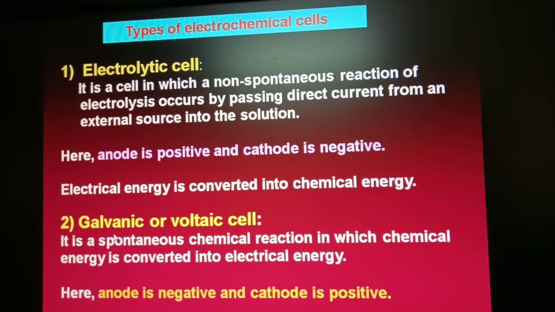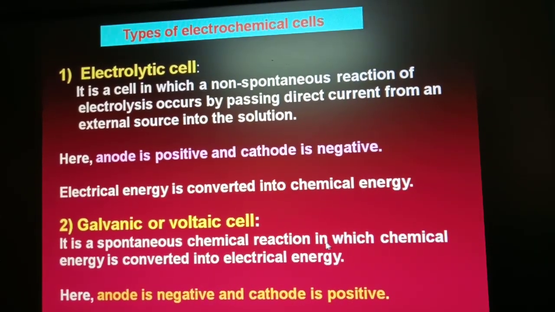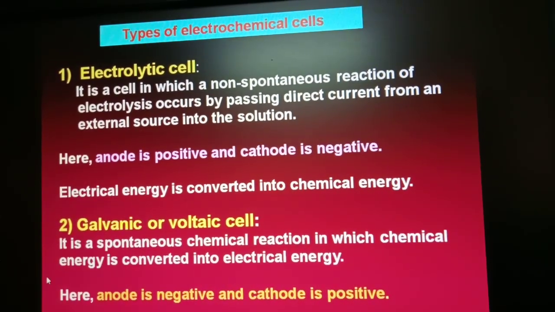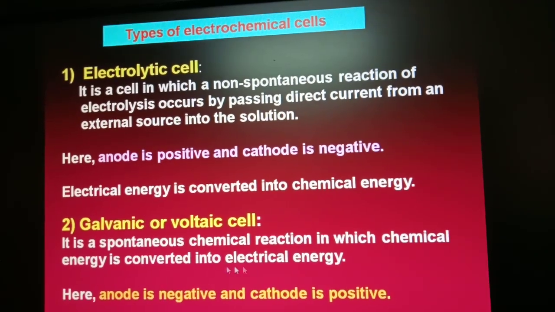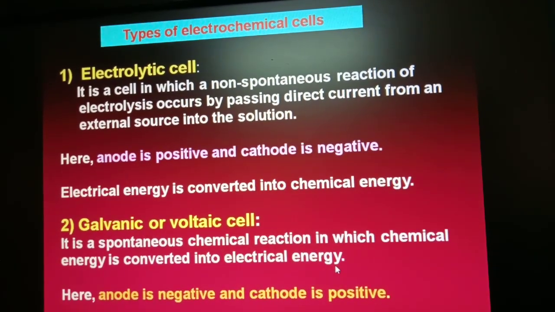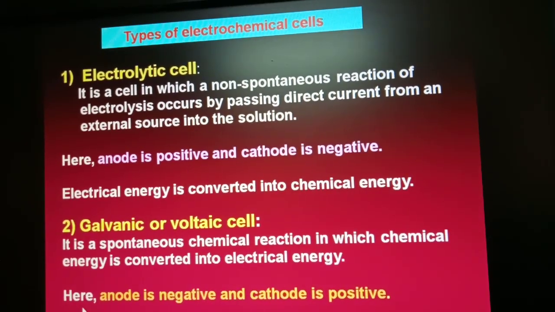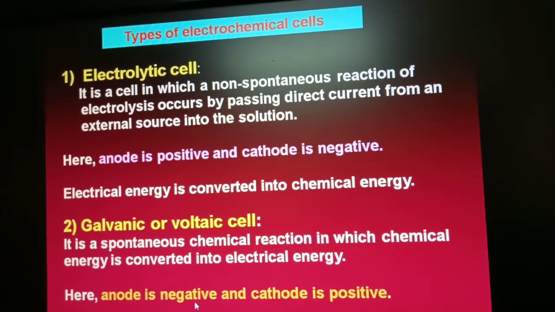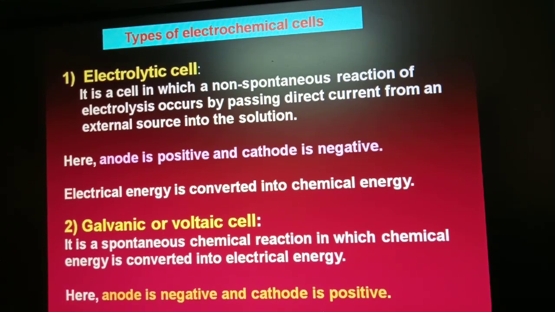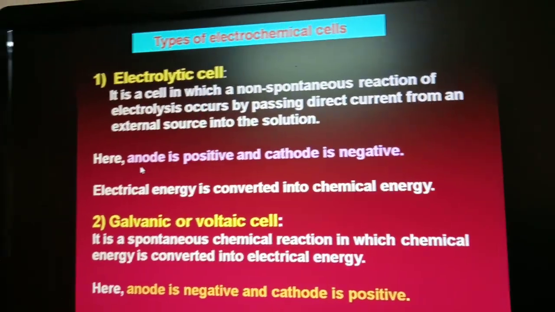In this particular cell, a spontaneous chemical reaction occurs where chemical energy is converted into electrical energy. Here we find anode is negative whereas cathode is positive. Exactly reverse behavior of the electrodes of the electrolytic cell and galvanic cell. So you remember that.